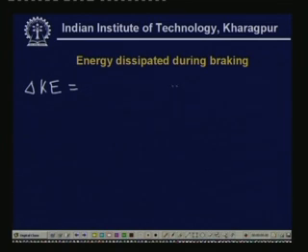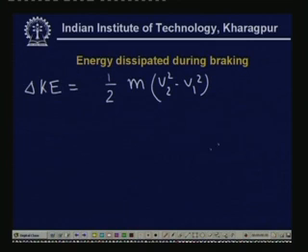that depends upon the part which is moving. Now if there is a translating member, then we have half m, the mass of the translating member, times V2 square minus V1 square. Now this is a negative quantity because V1 is greater than V2. V1 is the velocity before applying the brake, and V2 is the velocity after application of the brake.